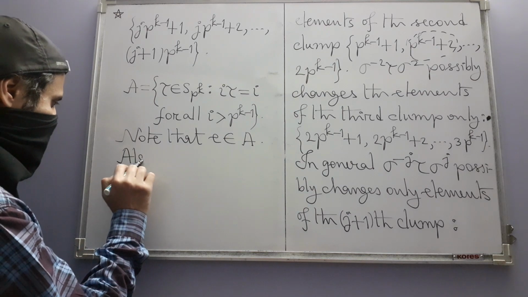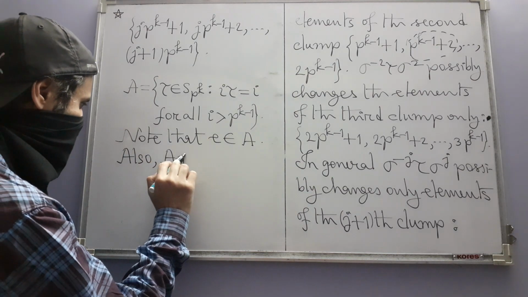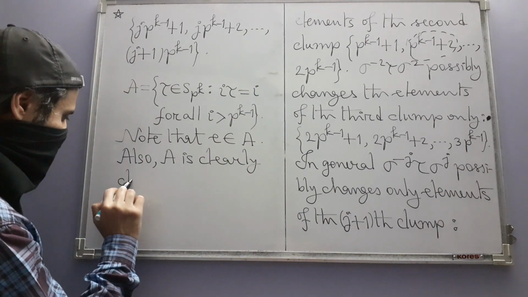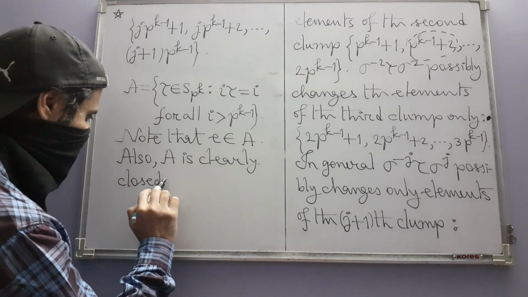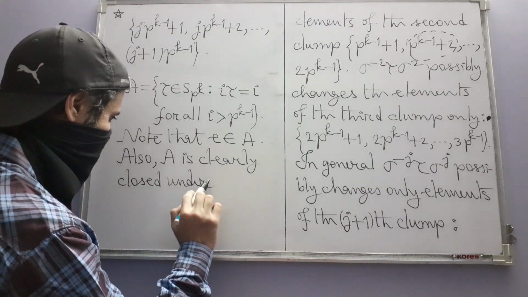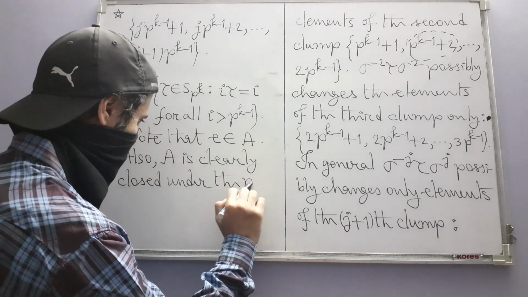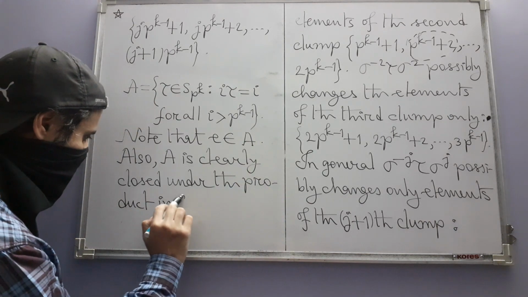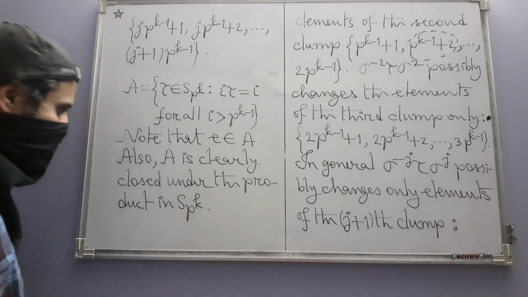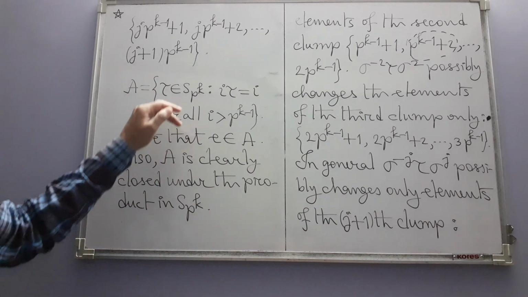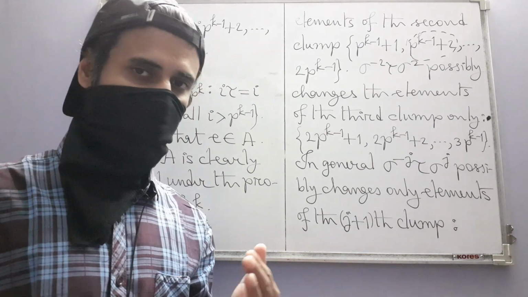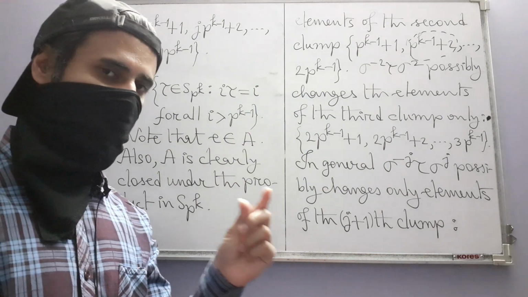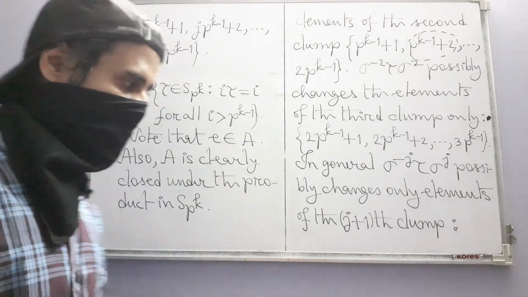Also, A is clearly closed under the product in our original group. That is, if you take two such permutations, tau 1 and tau 2, none of them changes such an i, then their product also will not change i.